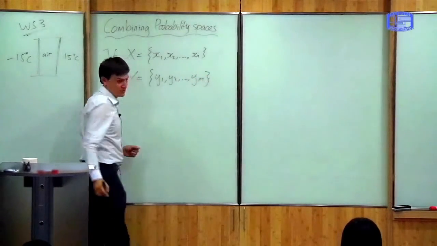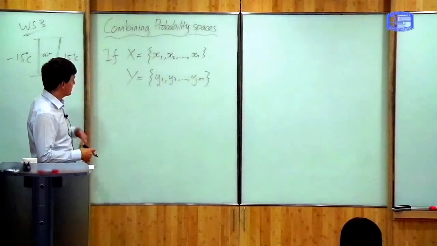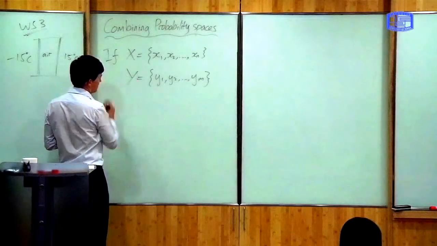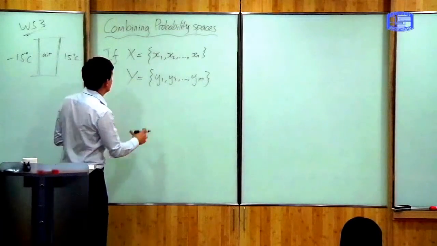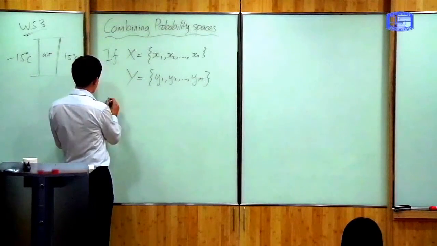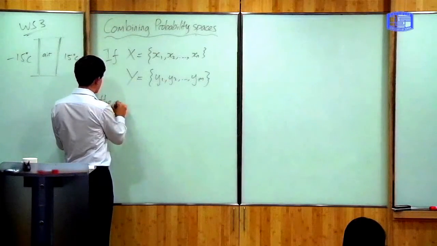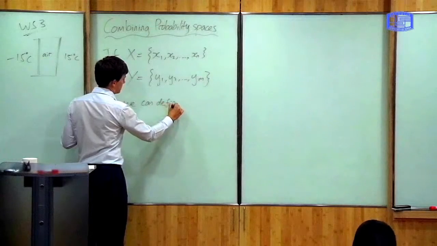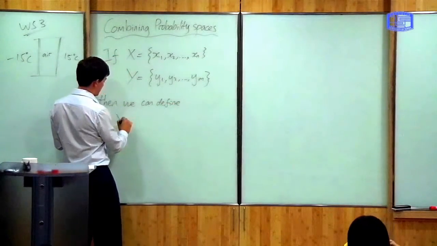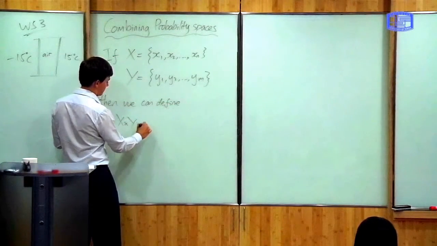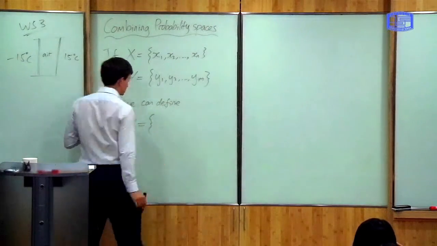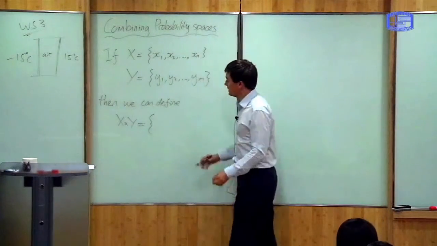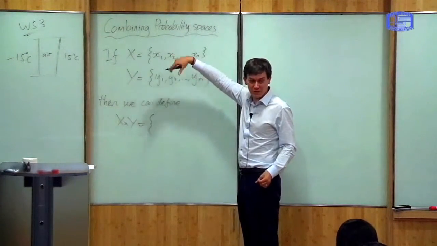They don't need to have the same sort of events. Then we can define the set of total possible events by taking what's called the Cartesian product. So we define a new set which is called X cross Y. And this is the set of all possible combinations of events.